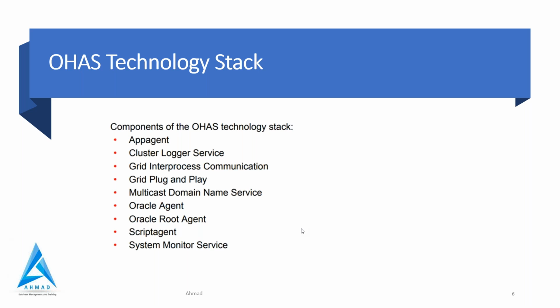If somebody asks who will resolve the name service, name resolution, you can say that multicast domain name service is responsible for that. That is another interview question. The MDNS process is a background process on Linux, Unix, and Windows. So this service runs on all three operating systems as a process. Clear?